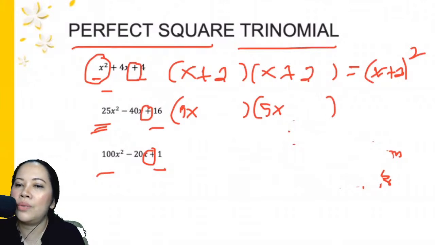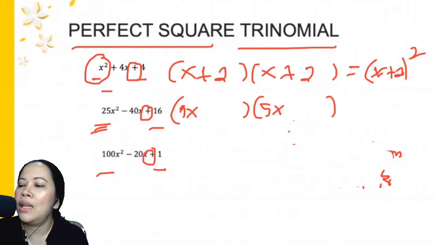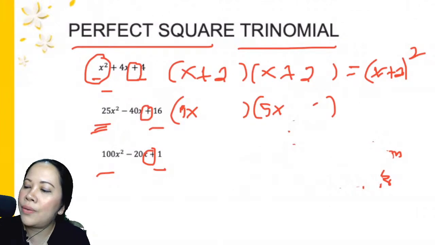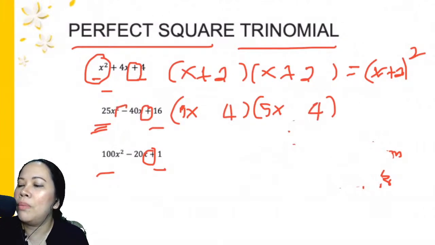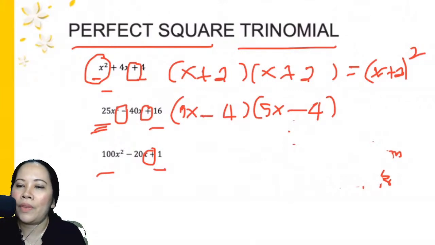All right, that's the root of 25x squared. Then 16. 16 is 4 and 4. Okay, and then you look at the middle term's sign. The middle term sign is negative. So therefore, it should be both minus, minus. All right, so if it's positive, it's plus, plus. If it's negative, it's minus, minus.